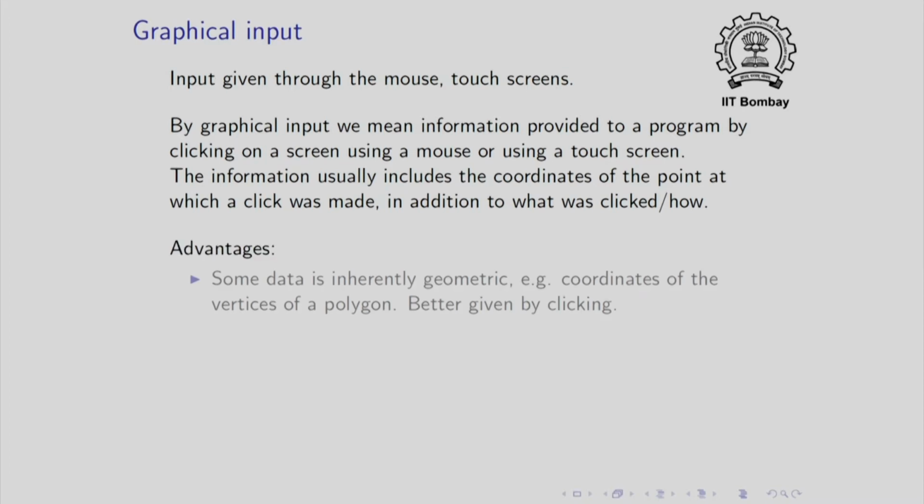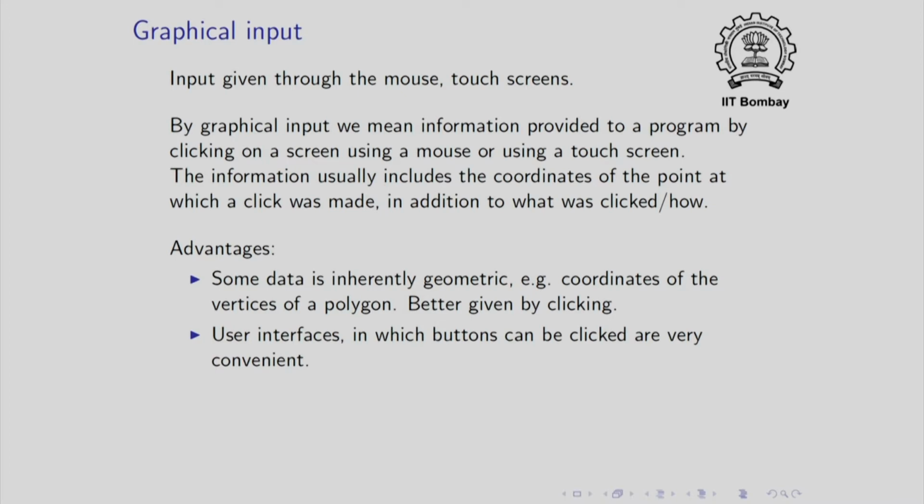Graphical input has several advantages. For example, some kinds of data are inherently geometric. If I have a polygon, the coordinates of its vertices are obviously geometric entities. Rather than type in the coordinates, which is complicated and clumsy, it is easier if I can draw the polygon on the screen by clicking the vertices. You have also probably seen user interfaces in which there are buttons or icons.